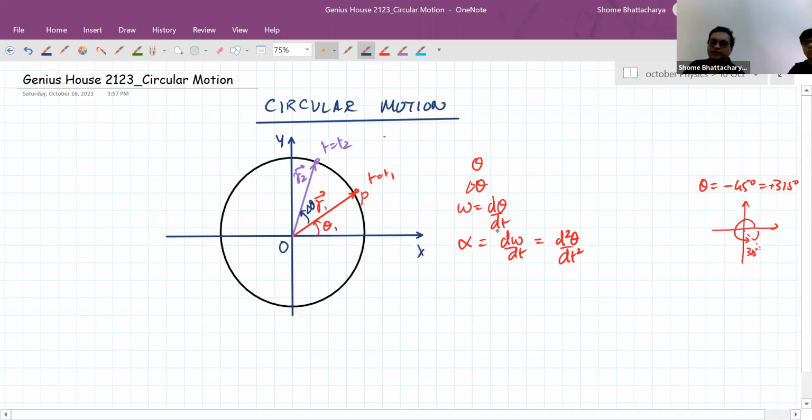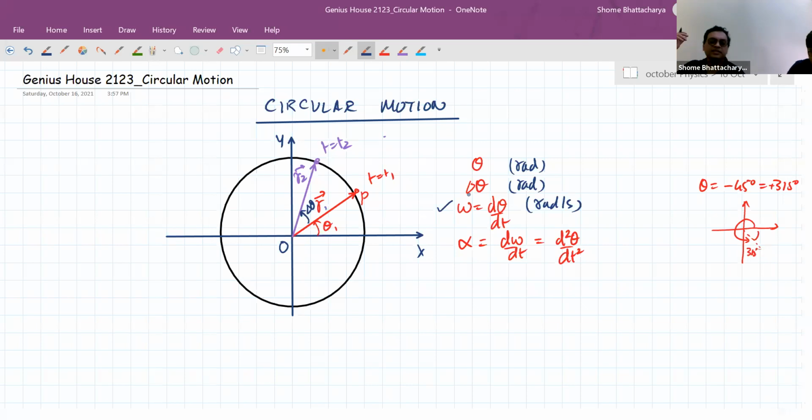The rate of change of angular position with respect to time becomes angular speed, or angular velocity if we give it an algebraic sign, and it is expressed in radians per second, whereas these two are expressed in radians. One more important thing we should be aware of: theta and delta theta are dimensionless parameters, because radian is dimensionless, or in that sense unitless.